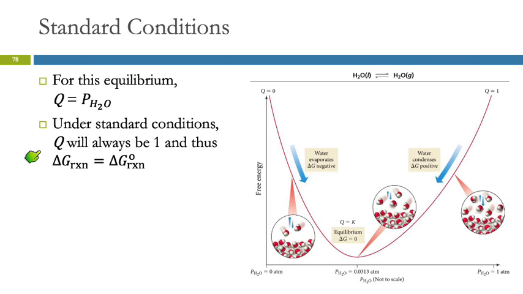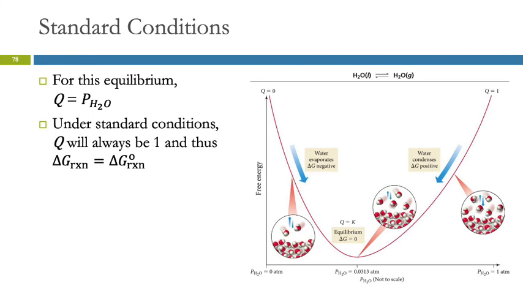Under standard conditions, Q is always going to be 1 because of how things are defined. Any gases are going to be 1 atmosphere. Any solutions are going to be 1 molar. And solids don't show up in Q. Pure liquids don't show up in Q, right? So all you have is 1s. All you can end up with as standard conditions is Q equal to 1.